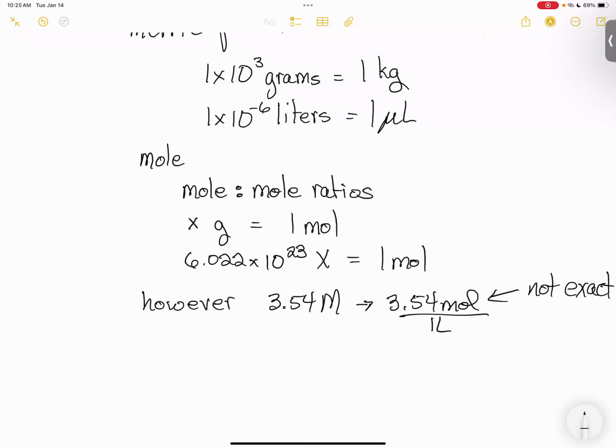So that's why I said it depends. Basically, you'll notice that the ones where it was an exact number, we were saying something is equal to 1 of it, 1 mole. Every time we said something is equal to 1 mole, then that mole was an exact number.